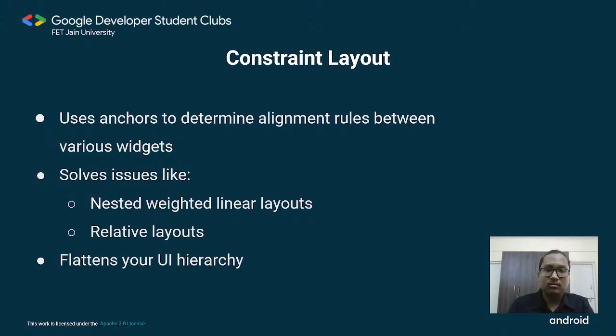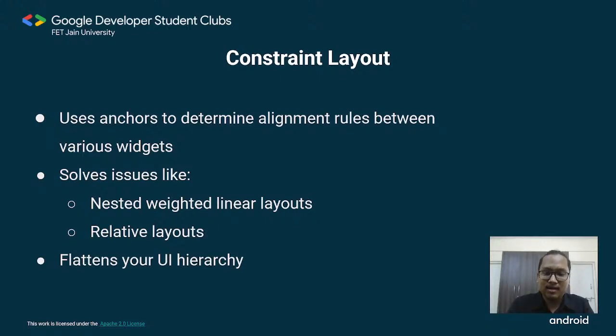So what is constraint layout and why will we be using it in our next step? Constraint layout is a very advanced layout. It was developed to minimize the disadvantages of those previous layouts. So it's an improved version of layouts. Constraint layout uses anchors, right?